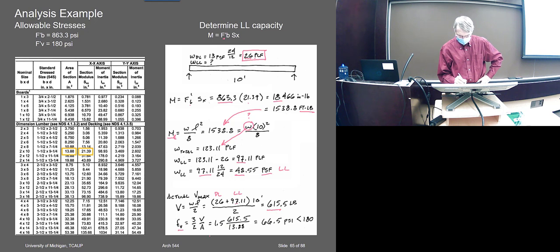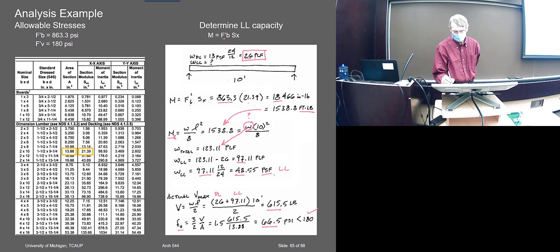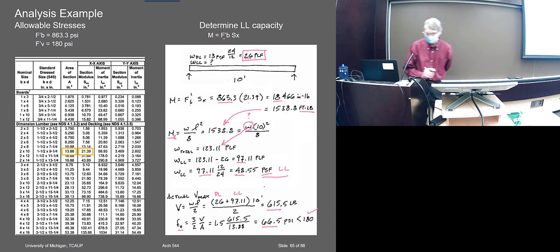Here's the shear stress then, 3/2 V over A, and that easily passes the 180. Okay, so that passed the shear. So you could still maybe check deflection, but that would be the live load capacity then for that guy.